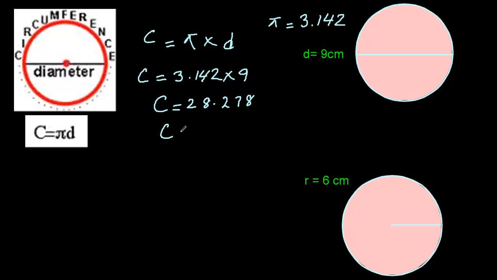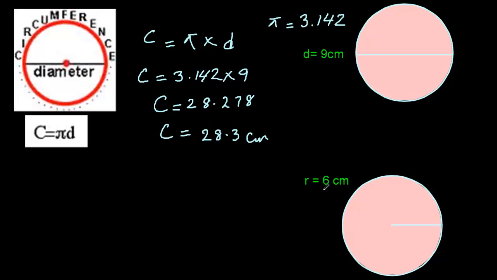Now if I round it, it will be rounded to 1 decimal place because it's in centimeters, and for centimeters our preferred rounding is 1 decimal place, which gives me 28.3 centimeters.